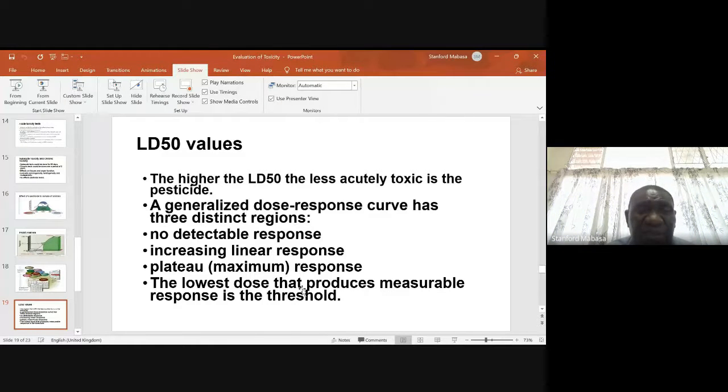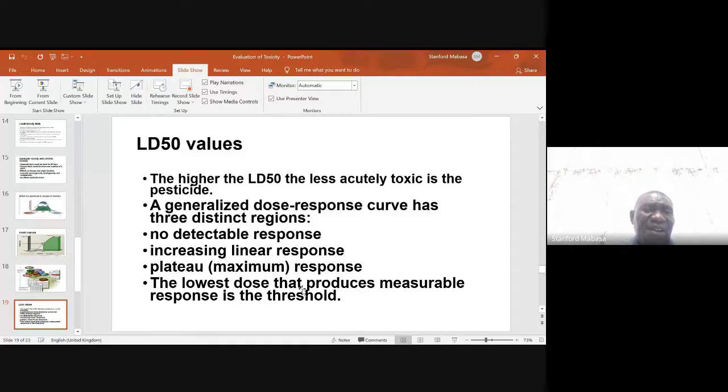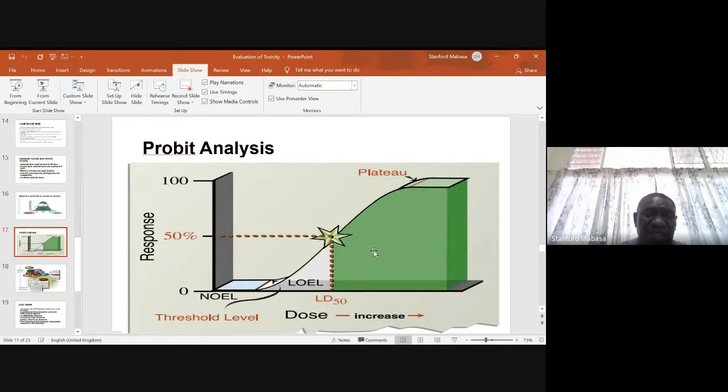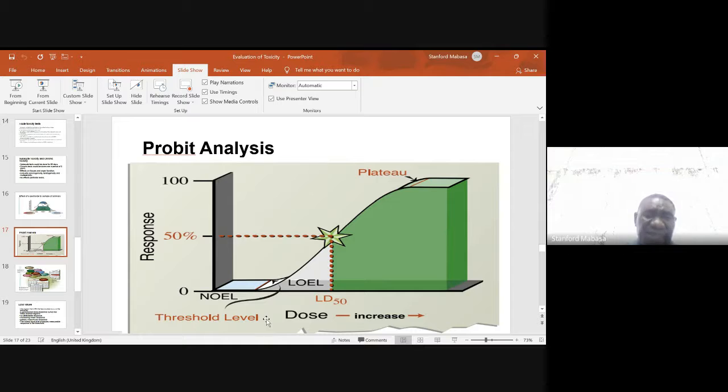Now we come to the LD values. Here I want to explain this graph. You can see at the beginning where we have nearly zero, there is no death. But suddenly the death is now increasing. We call this the threshold level.